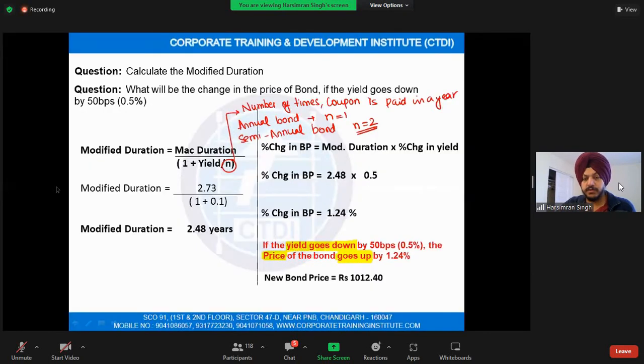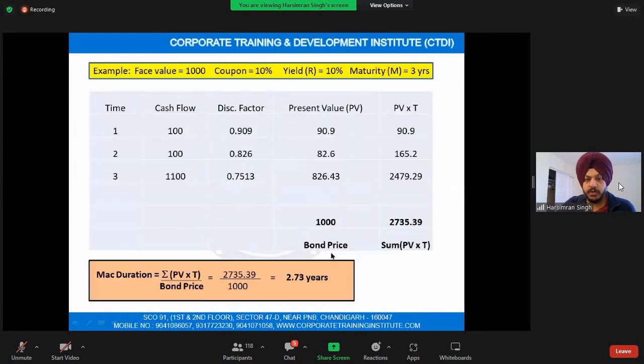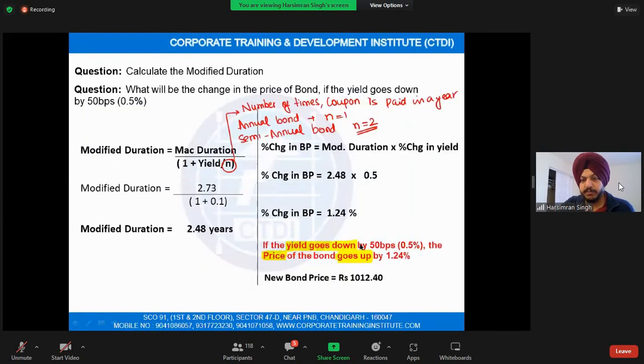Fine. So what was the old bond price? The old bond price was 1,000 rupees. Now the price has gone up by 1.24%. So what will be the new bond price? 1,000 into 1.24%, add it, 1012.14.